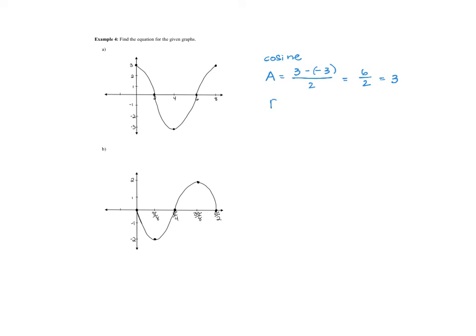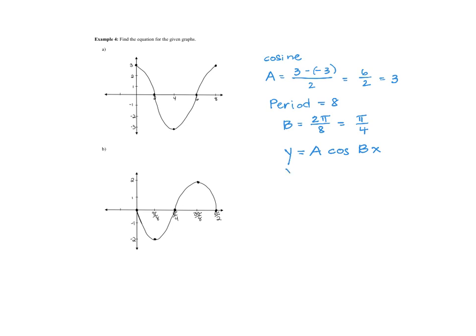I can see from the graph that I have a period of 8. So if I want to know what my b value is, I take 2 pi and divide by the period, which becomes pi/4. So in general, that curve is going to look like y equals a cosine b of x.